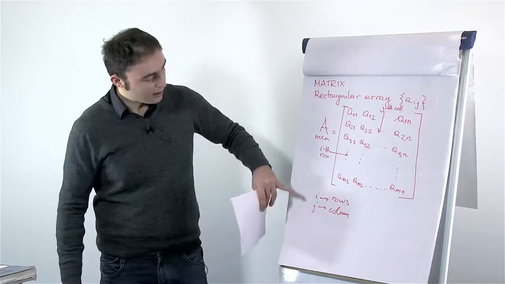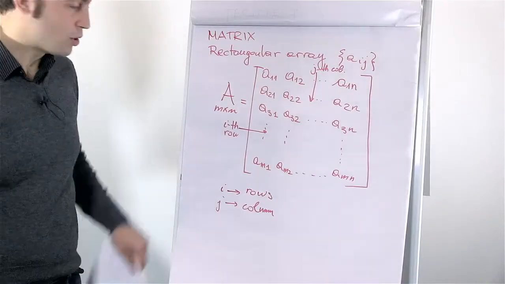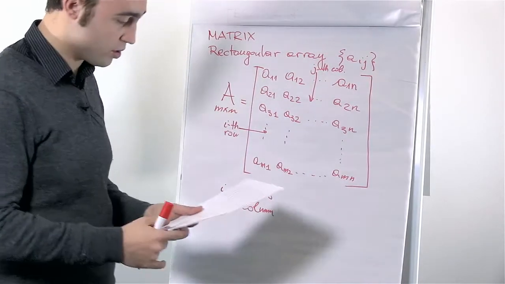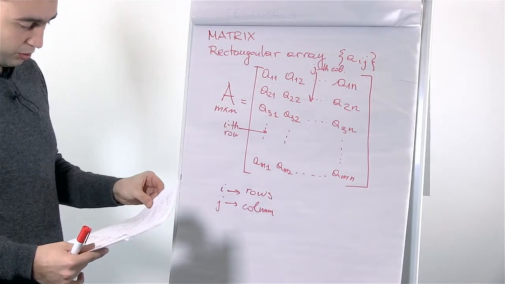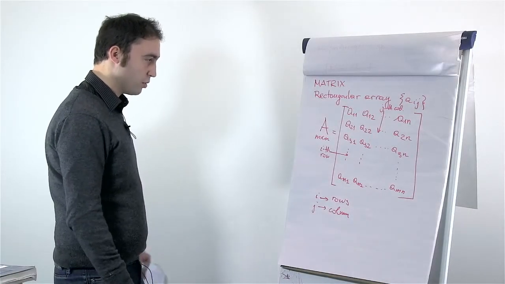With i and j we can find the element that we need, for example, in order to do the calculations.